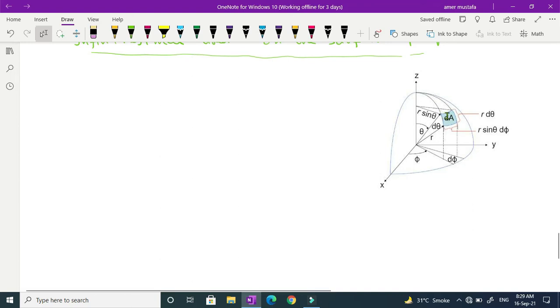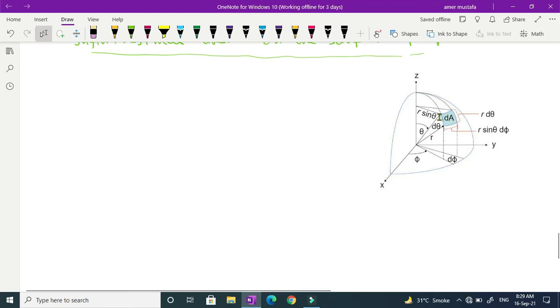You know, on every point of the surface of the sphere, r is the constant, because r is the radius of the sphere. And two coordinates will change on the surface of the sphere. What are these two coordinates?